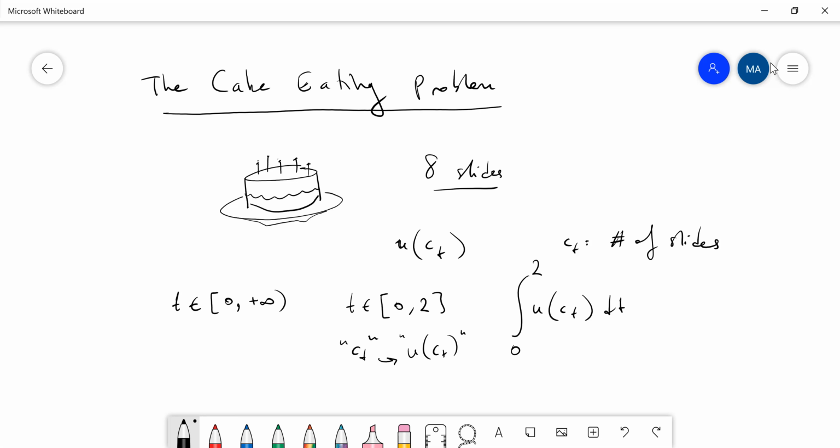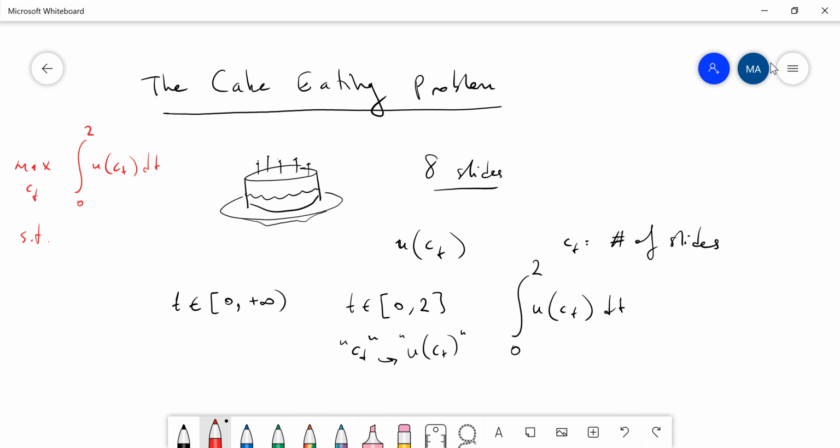Then you add all these utility levels, all right? So then your objective function could be, let me switch colors, let's say your objective function could be this, okay? And obviously you are choosing C_t.